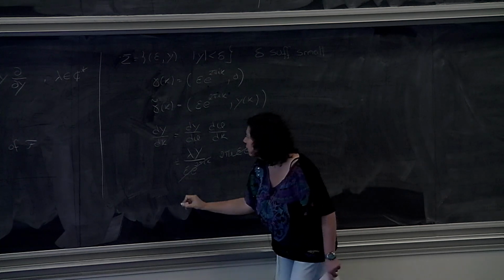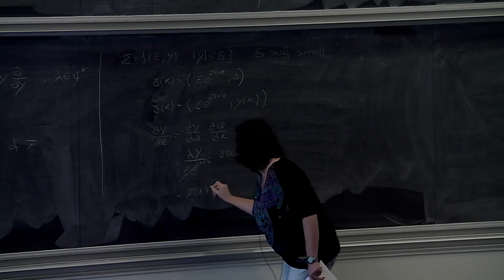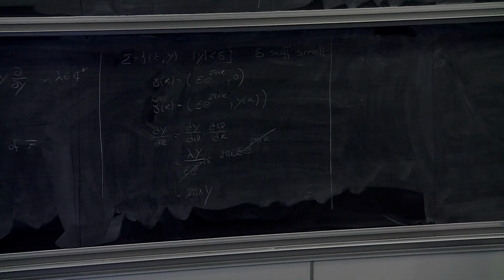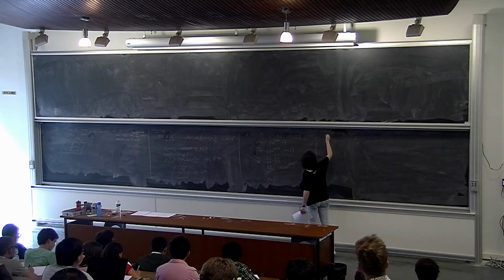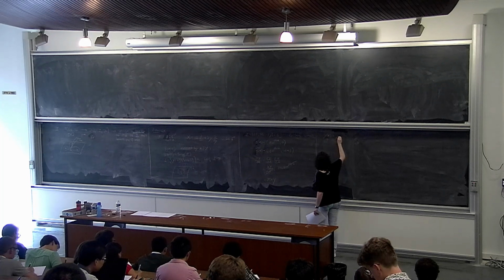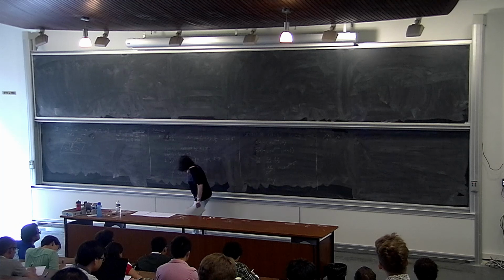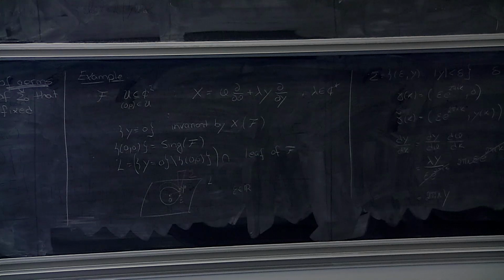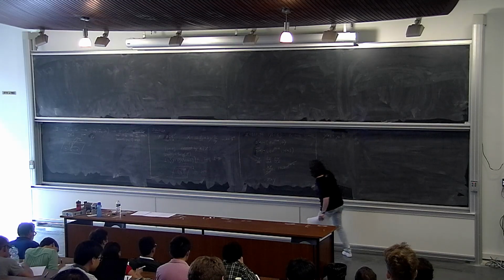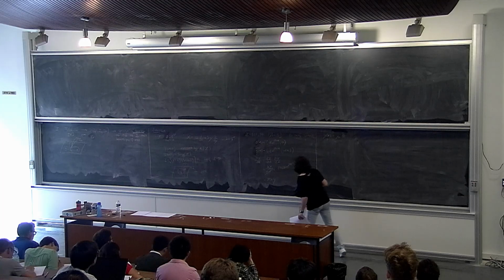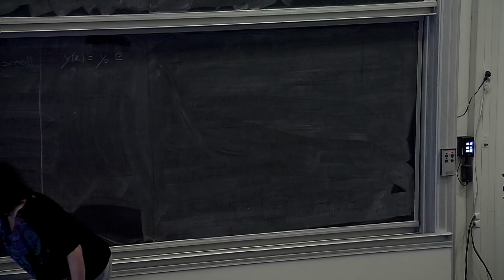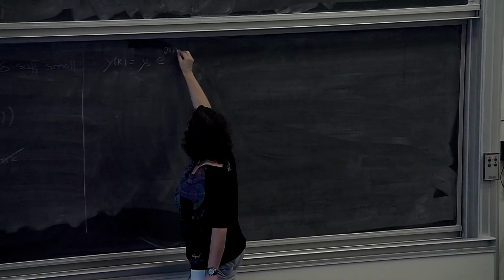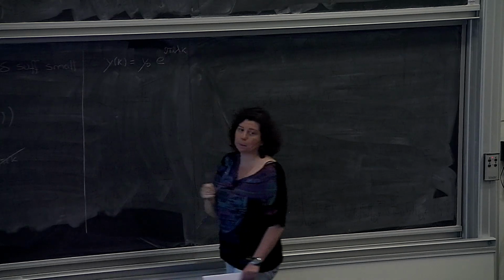So all of this cancels, and we get a linear differential equation on y. This is very easy to solve. So we know that y at k is the initial point y0 times the exponential of 2 pi i lambda k.